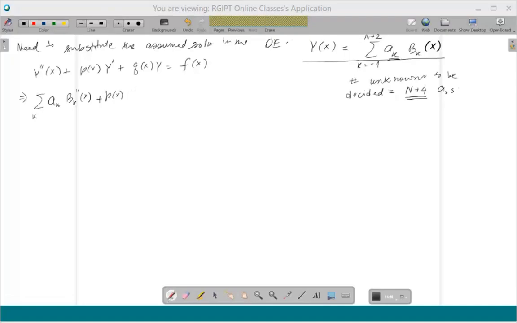P of x summed over k, ak bk prime x plus q of x, ak bk of x. Okay.